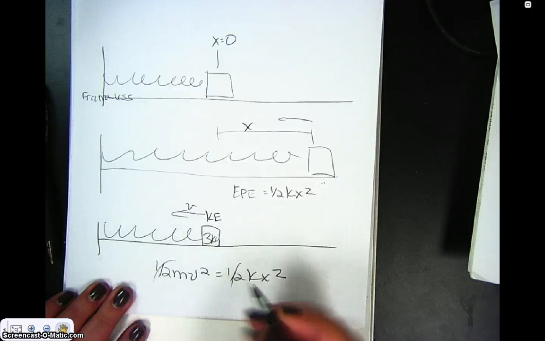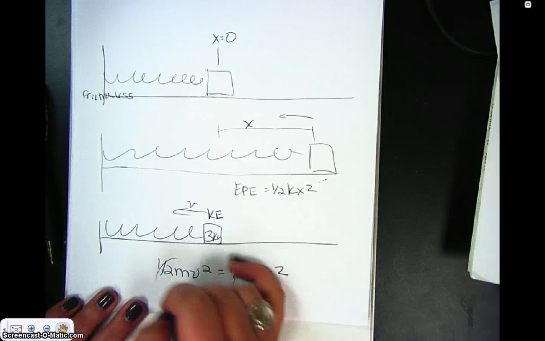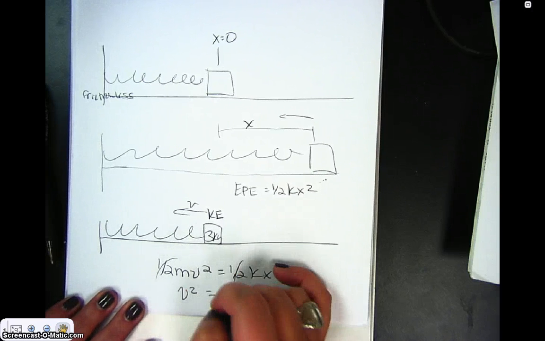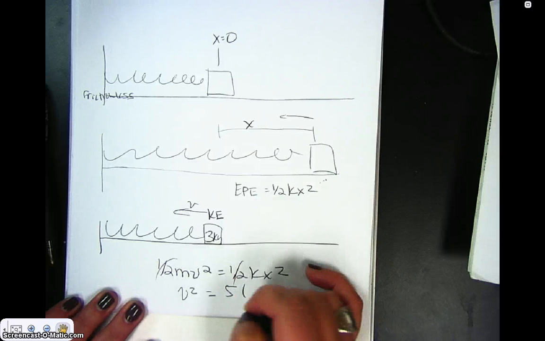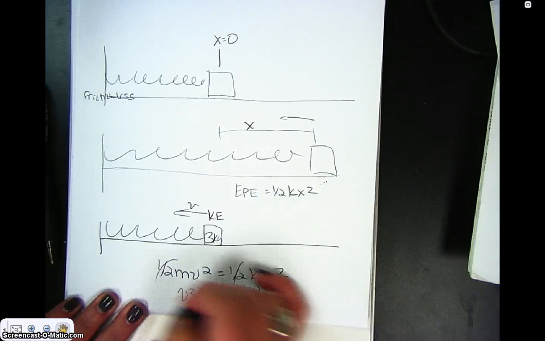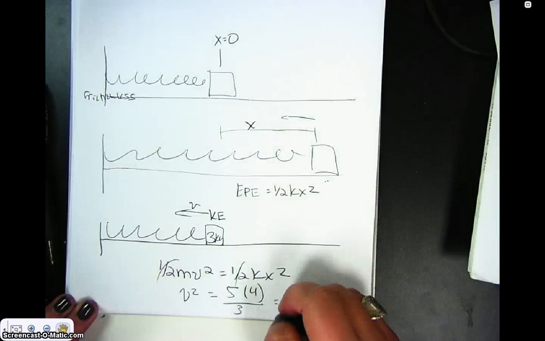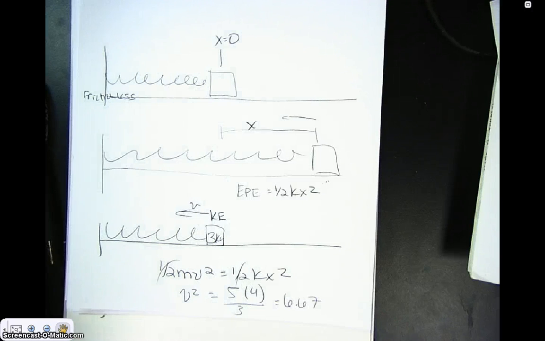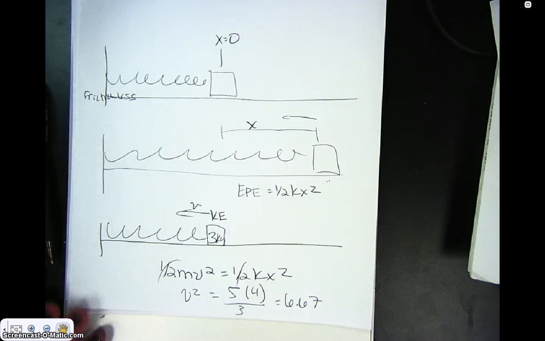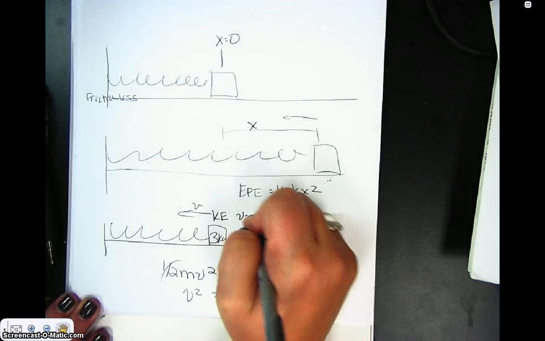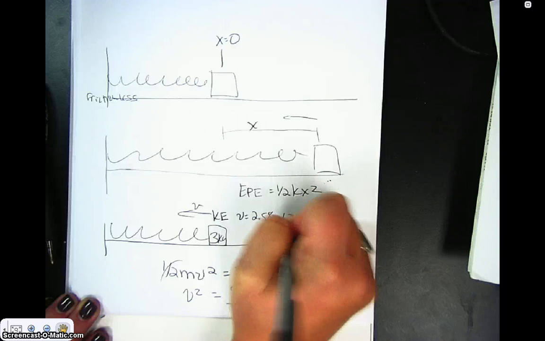So my 1/2s cancel, and I get that v squared is equal to k, which is 5, times x squared, which is 2 squared, or 4, all over mass, which is 3. So 20 over 3, which is 6.67. And then take the square root of that. So I get that it's going 2.58 meters per second right here.